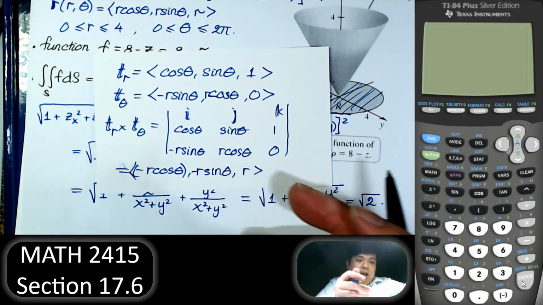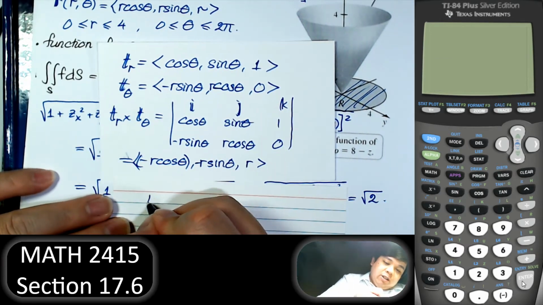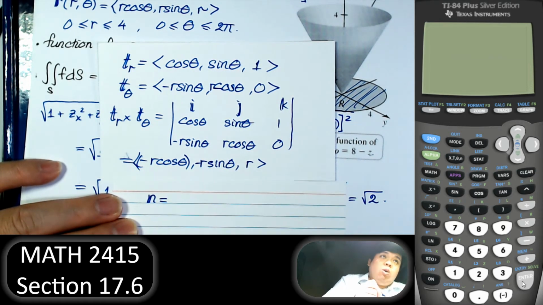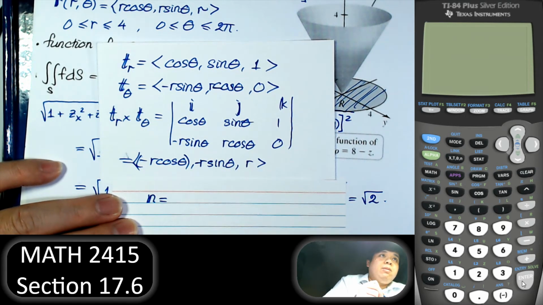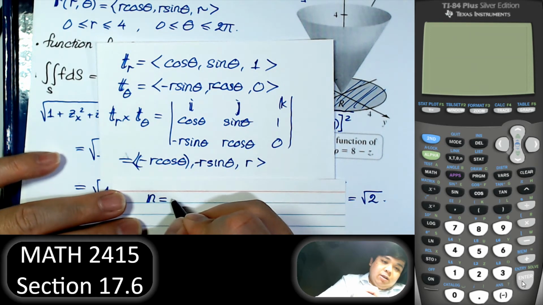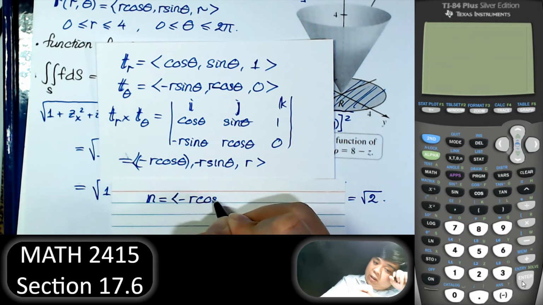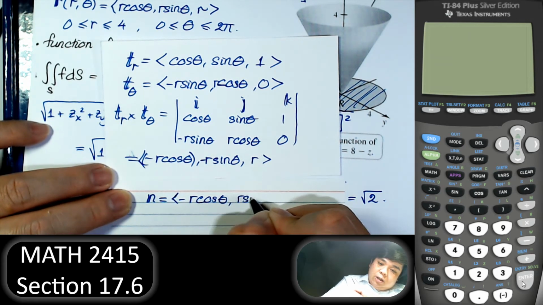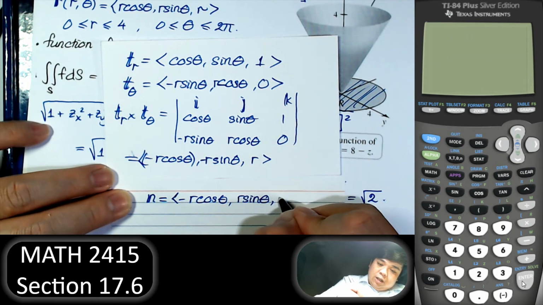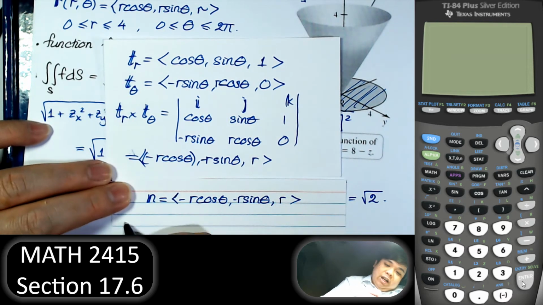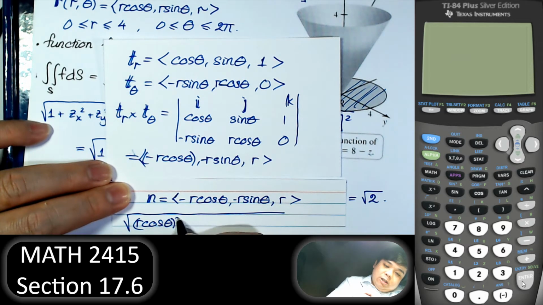So then the normal vector is equal to what? Negative r cosine, negative r sine, and r, and the magnitude is r cosine square plus r sine square plus r square.